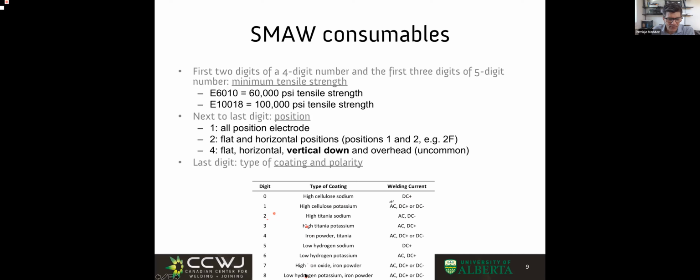The fact that we have this powdered metallic alloy increases the deposition rate. So when you see that electrodes have iron powder, like 7018 has 25% iron powder, 7024 has 50% iron powder, and it's a super high productivity electrode because it's like dropping iron powder all over the place.